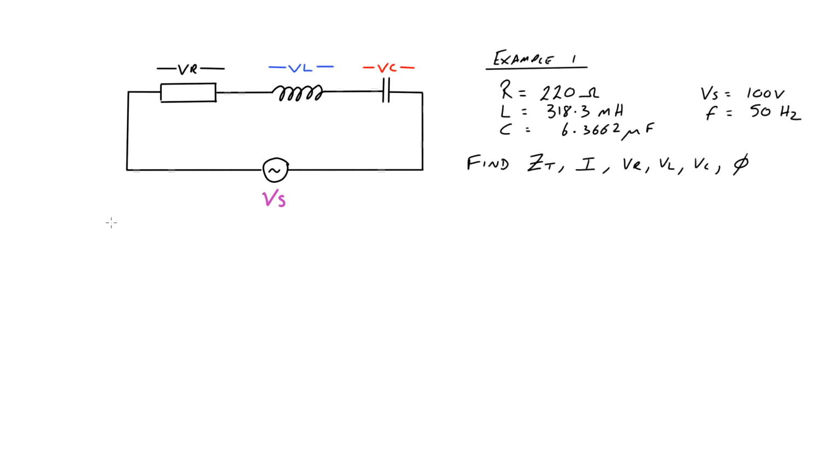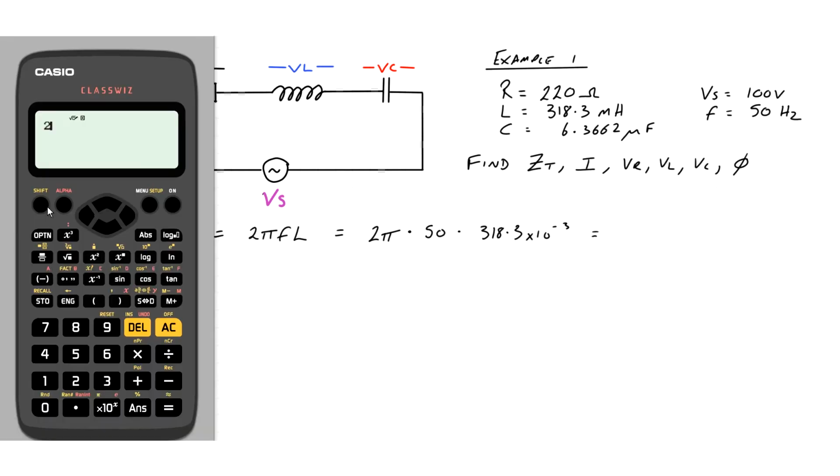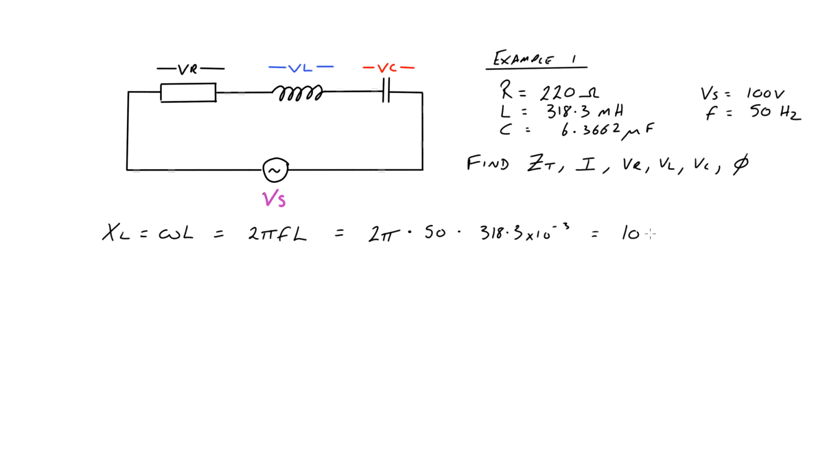So to find the impedance we need to know the reactance of the inductor and capacitor at a certain frequency, 50 Hz. So XL is 2 pi FL, which is 2 pi times 50 Hz times 318.3 millihenries. And that is 100 ohms inductive reactance.